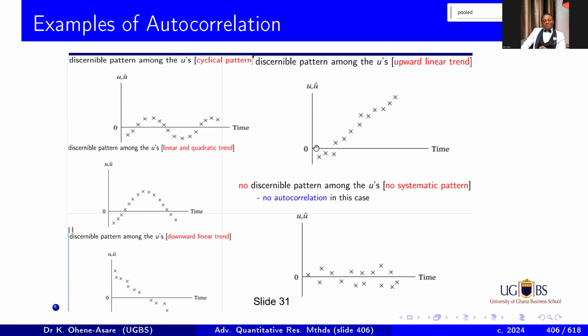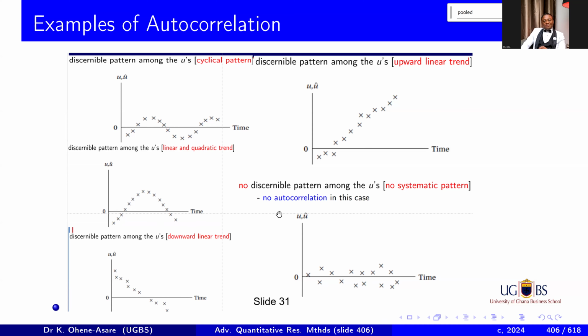The more the time, the more the errors are increasing. That shows that the residuals are exhibiting autocorrelation. If you look at this one, it's quadratic. It reaches a top, it begins to fall, it is showing a quadratic trend. The moment it is showing that quadratic trend, it means that there is autocorrelation in there.